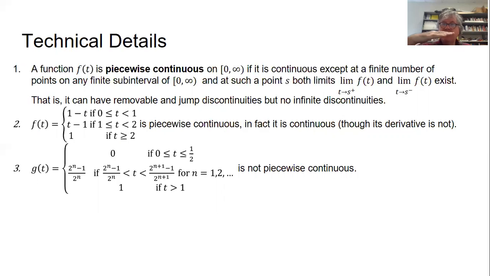It's then equal to 3/4 between 3/4 and 7/8, and then equal to 7/8 between 7/8 and 15/16, etc. Okay, that is not piecewise continuous, right? Because in that interval between 0 and 1, you've got infinitely many discontinuities. So that disqualifies it.